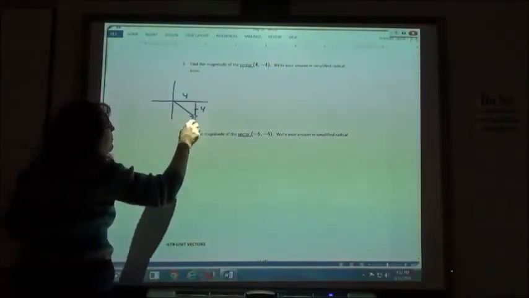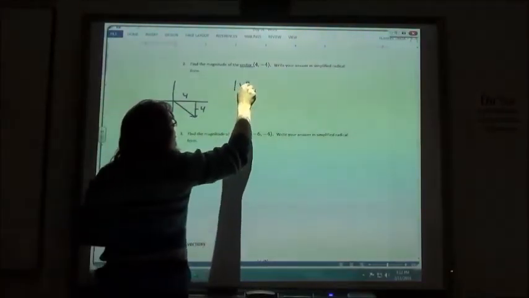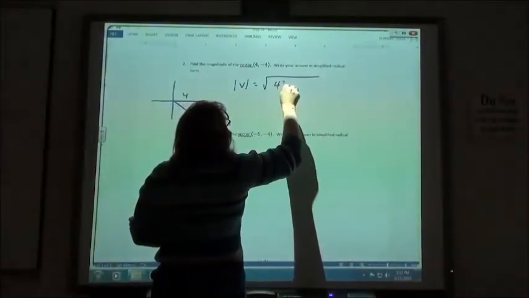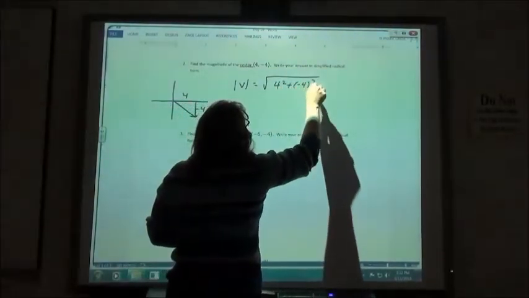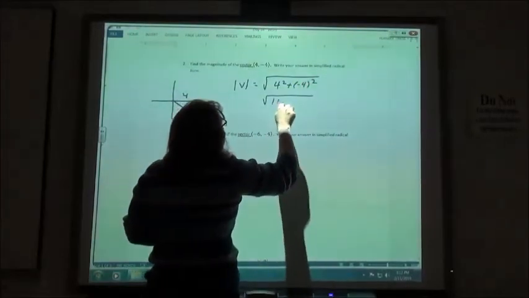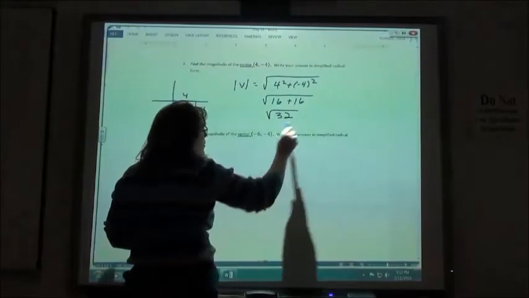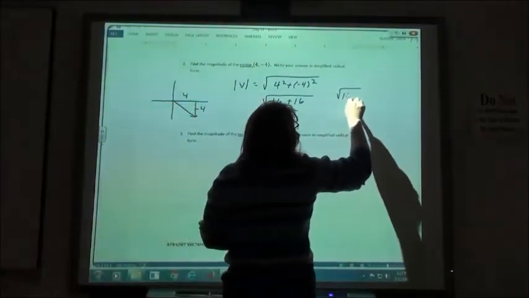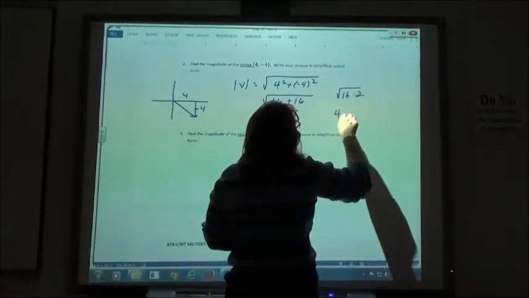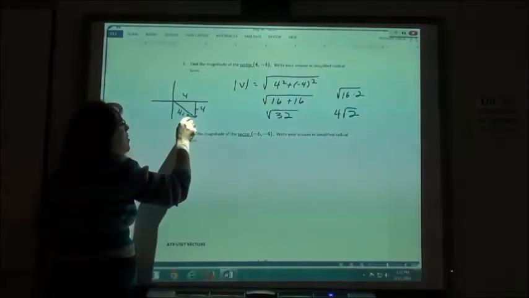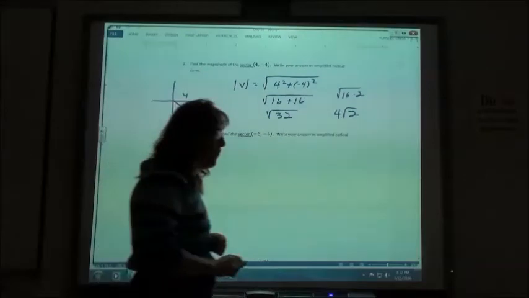But again, we're finding the magnitude of our vector, so we're just going to do the square root of a squared plus b squared. So I would have 16 plus 16, which gives me 32. 32, we would say, is the square root of 16 times 2. So 4 square root of 2 would be the magnitude or the size of your vector.